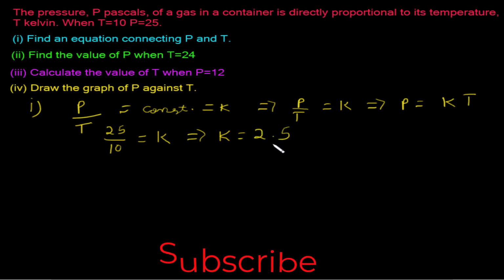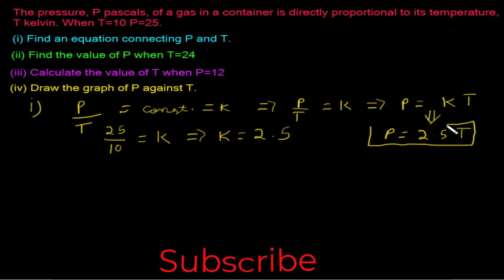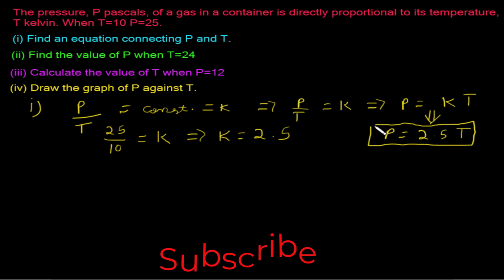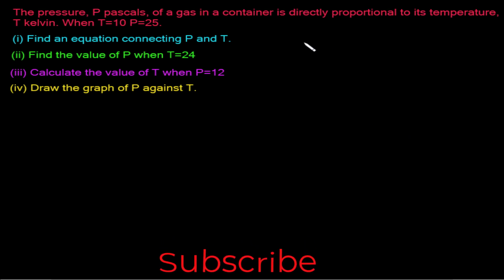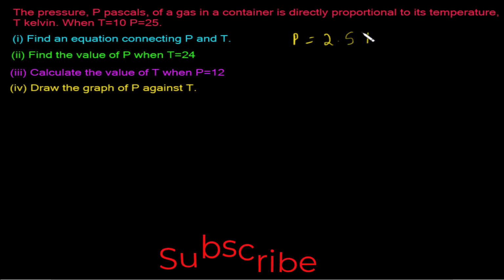Now I will substitute K is equal to 2.5 into this equation, so it becomes P is equal to 2.5 times T. This is the equation that connects P and T, or the equation that expresses P in terms of T.